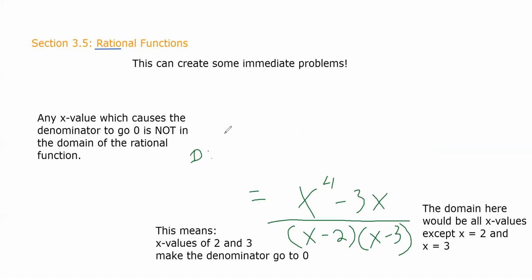D for domain. You'd go from negative infinity, but then you'd come up to 2 and you'd have to stop, use a parentheses there. Then every number between 2 and 3, and there's an infinite amount of numbers, 2.5, 2.7, 18, 24. Every number between 2 and 3 is allowed.